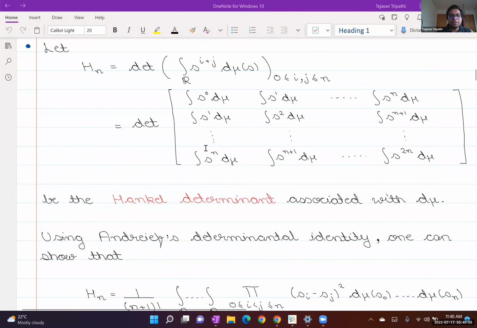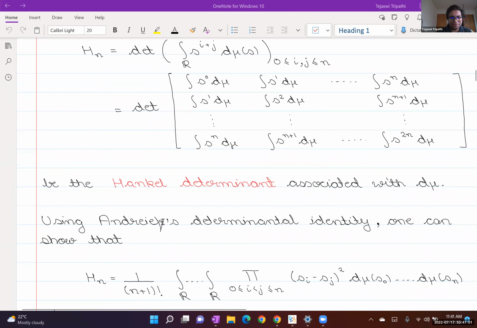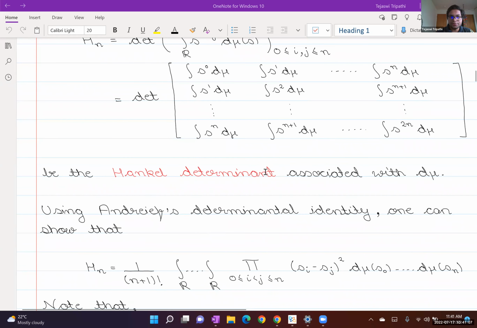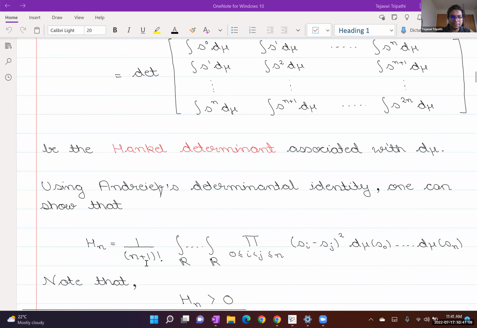Okay, this determinant has a closed formula. You can check on Google, there's a formula known as Andréief's determinant identity. One can use this to show that this determinant is nothing but this integral, 1 over (n+1) factorial times an (n+1)-fold integral of this function.